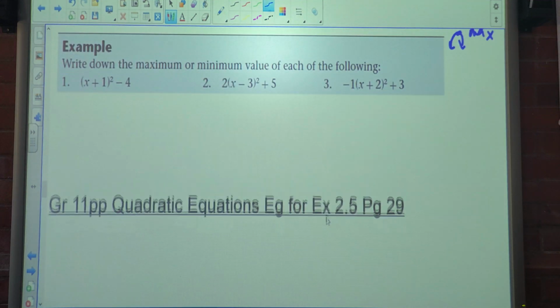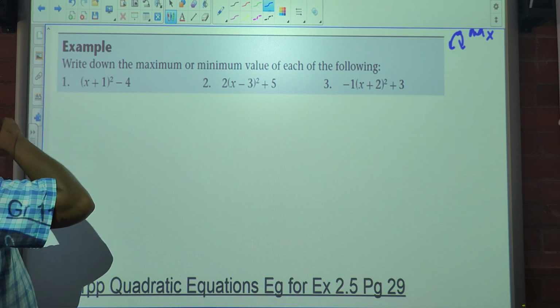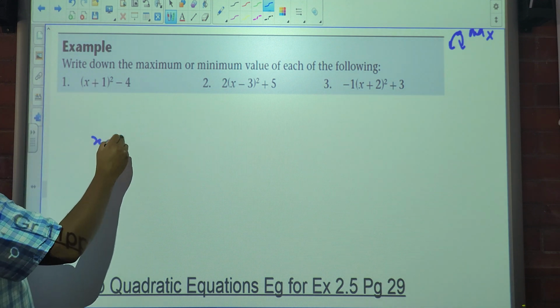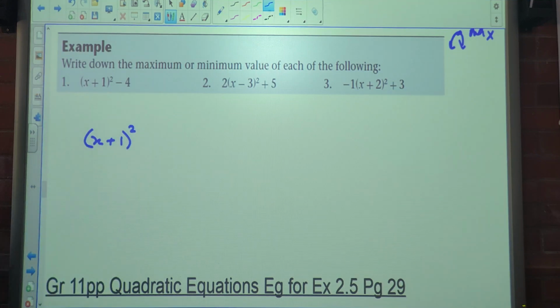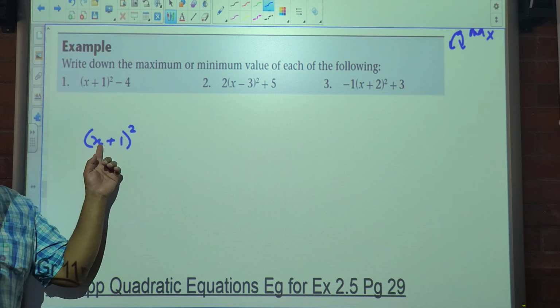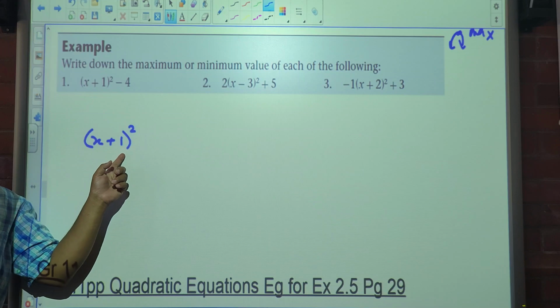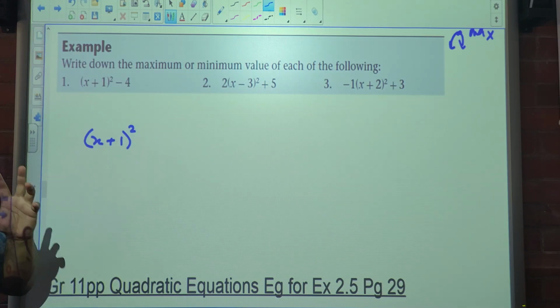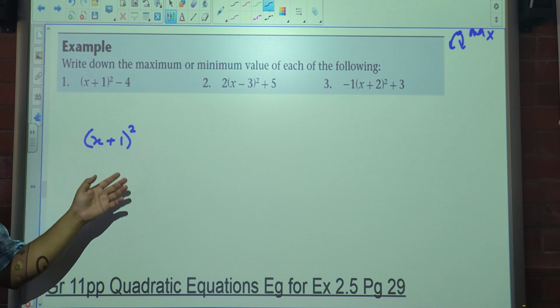I normally use a graph, but the textbook uses the fact that if you look at x plus 1 and square it, then whatever x is, just choose a number for x. Any number. 5, nice. 5 plus 1 is 6. 6 squared is 36. Choose another number, a negative number. Minus 3, nice.